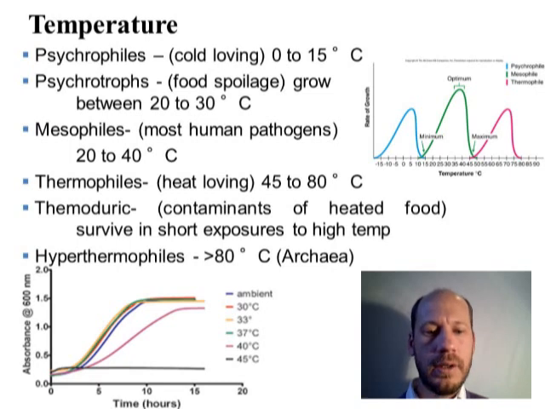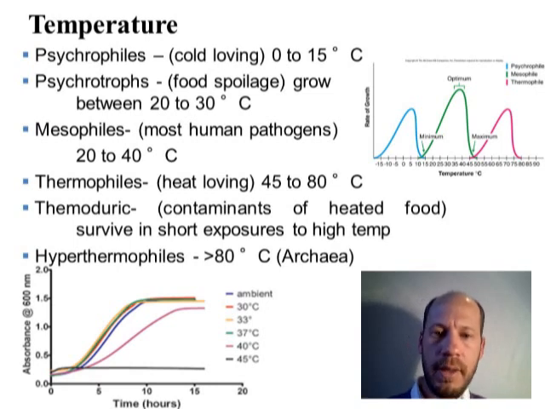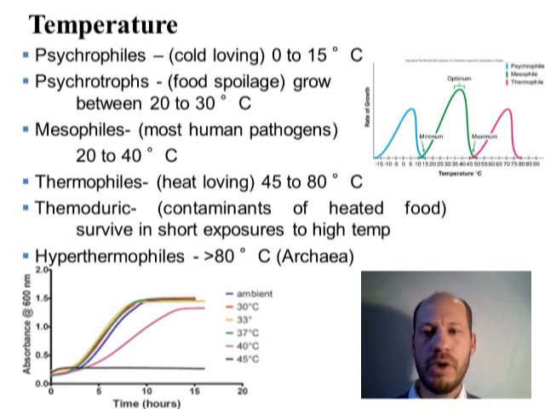So the other factor that regulates microbial growth is temperature. And regarding temperature, we can divide microbes by their ability to live at different temperatures. In very cold waters and very cold soils, we will have the psychrophiles.